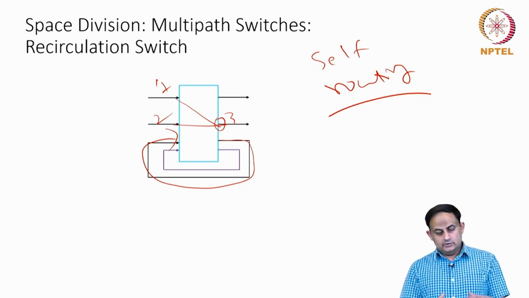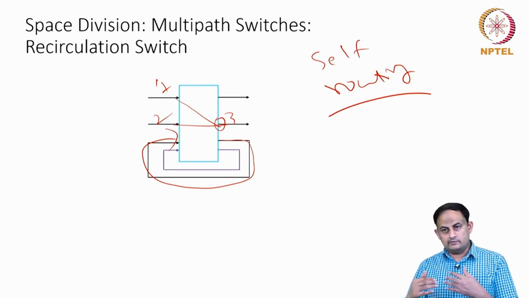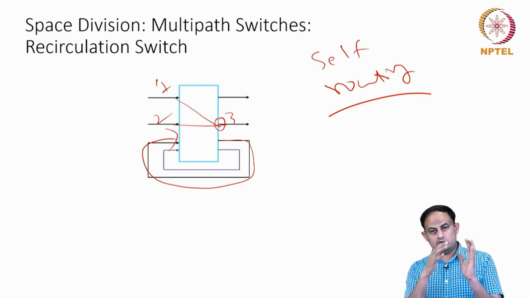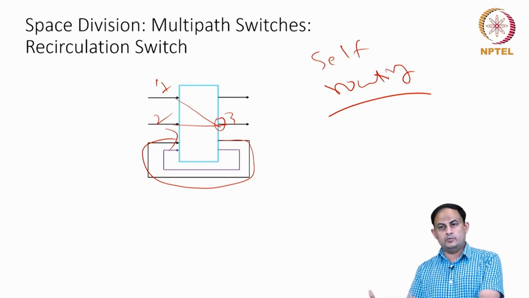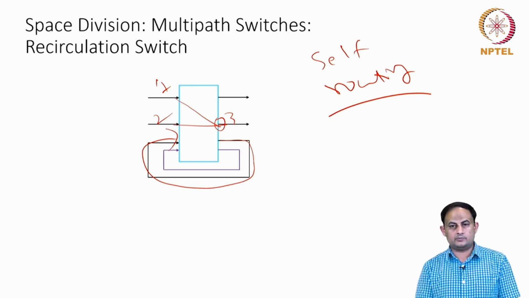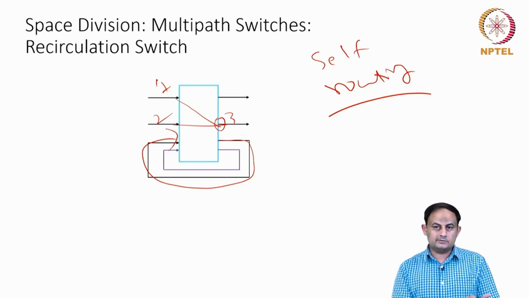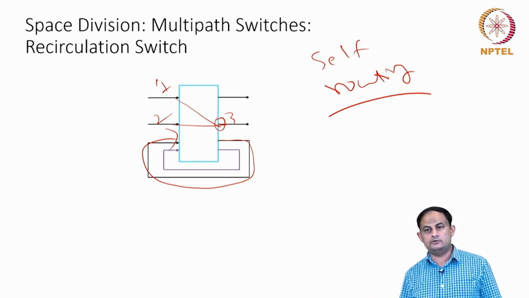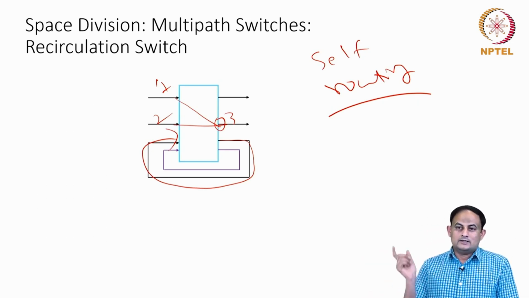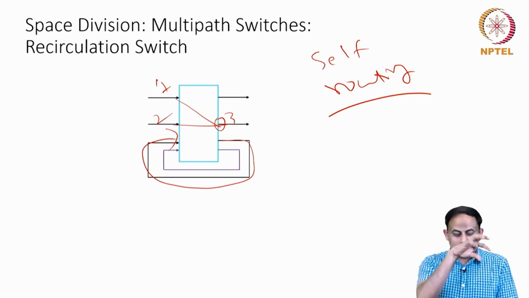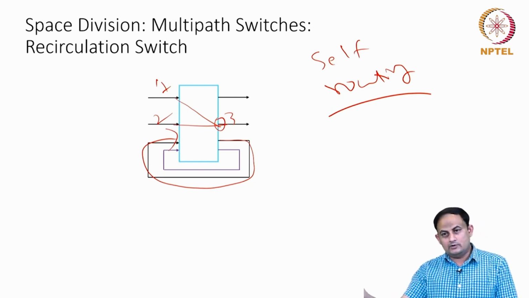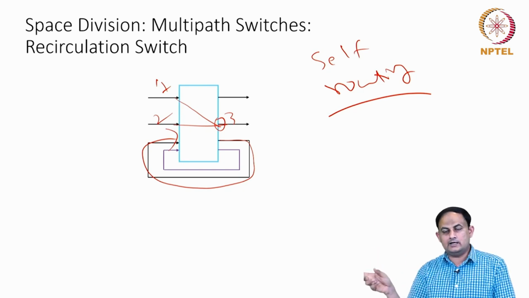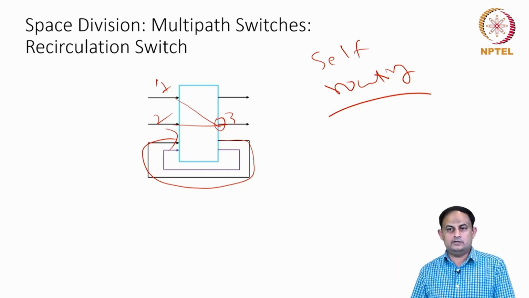So, here you have multiple paths available between one pair of input port and output port. Parallel transmissions are possible, but those parallel transmissions are not like this. As long as they are independent, then you can do the transmission. So, again, from one input port to one output port, there are multiple paths, but only one path you can take at a single point of time and then do the transmission.